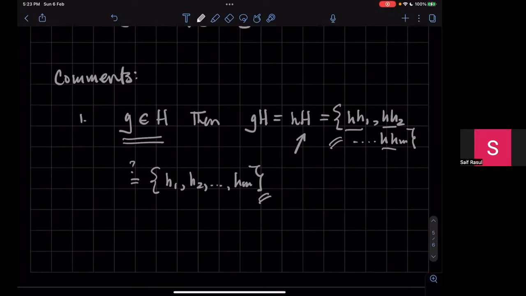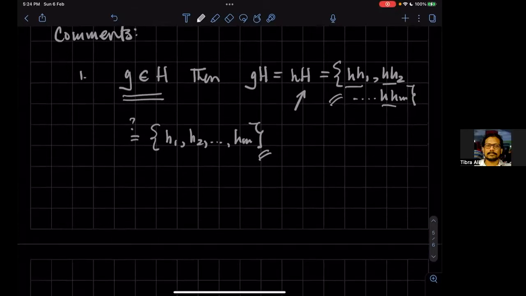How do we know that we'll get all the elements of H back, like the entire set? Yeah, that's a very interesting question. Saif, I would like you to try it out. It's actually not very difficult to show.